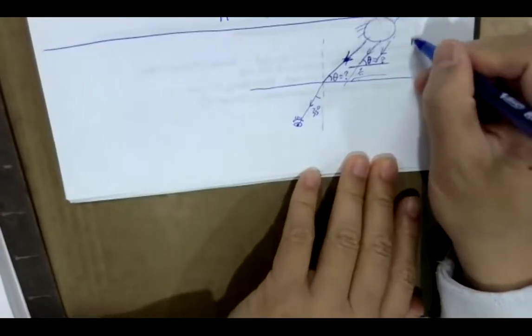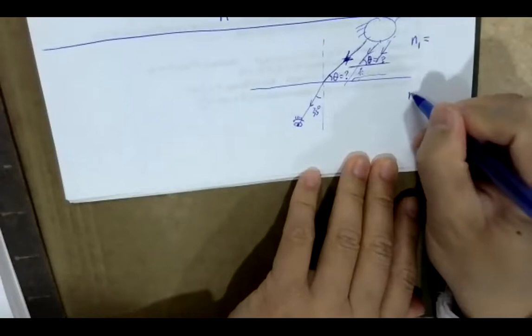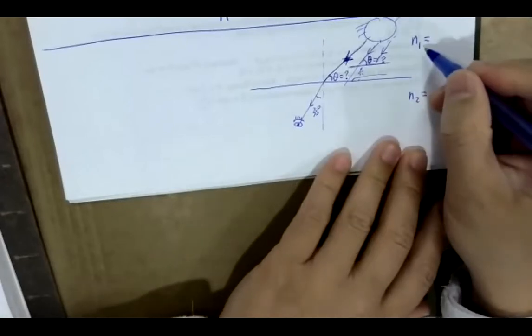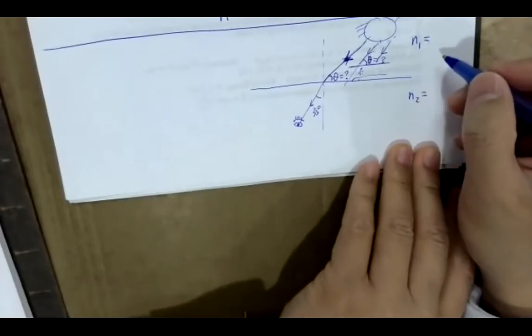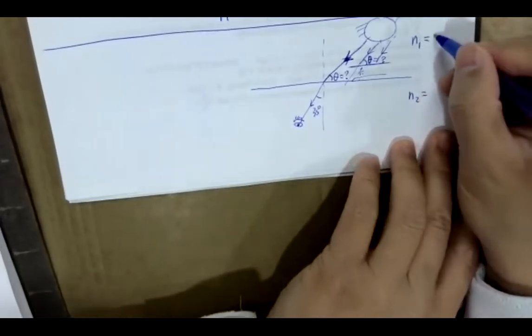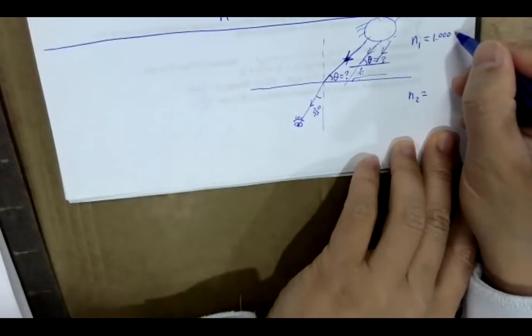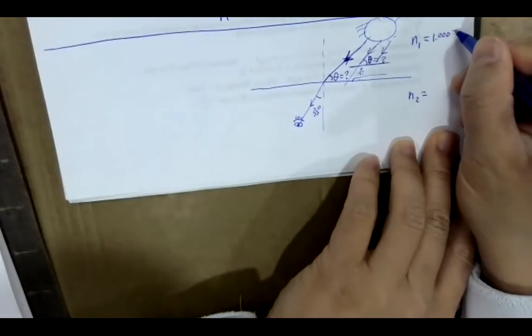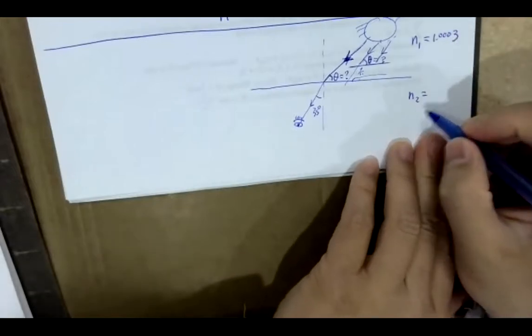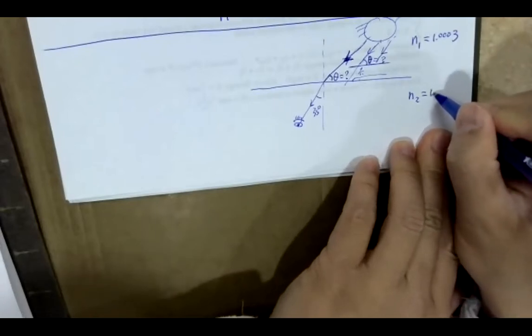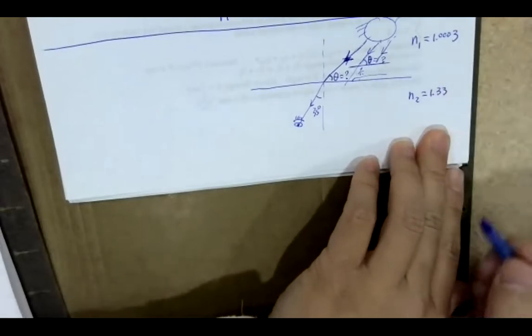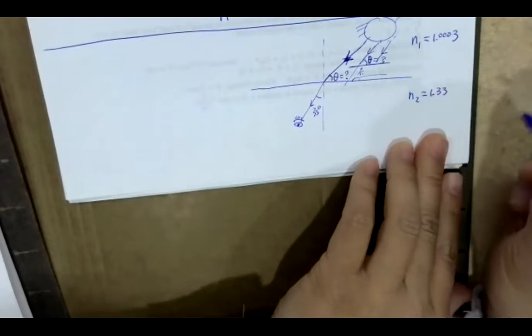So this is N1, and this is N2, the index of refraction for air. You can look up the index of refraction for air, it's going to be 1.003. For fresh water, you can also look it up, it's 1.33.